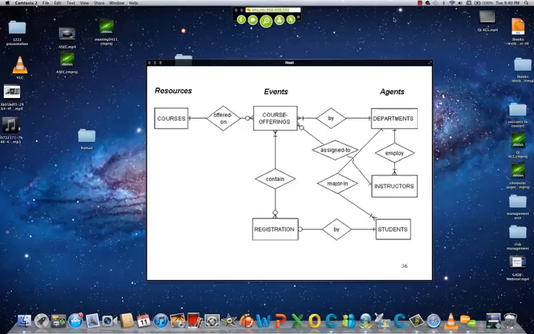Registrations are for course offerings. Students do the registrations. And students major in department. This one, major in, the name mentions this in the case, so it is not something important, and if you wouldn't put it, no big deal. But all other stuff, more or less, should be here.